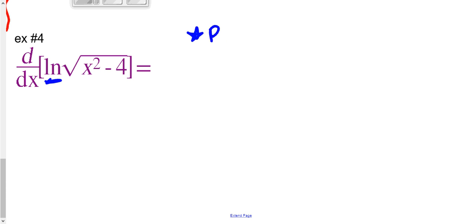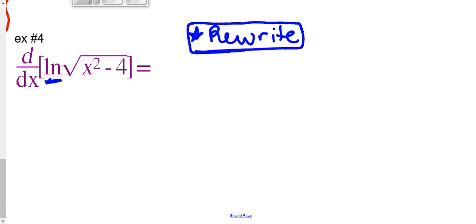Pretty much the rest of these that we're going to do today, we're going to use our properties to rewrite these. Remember all those properties from last week. The reason why we went over those is because they're going to make taking the derivative so much easier. So in this case, we are not going to take the derivative in the first step. We're going to rewrite it. So this is going to become, we have not taken the derivative, so we need to leave that notation out front.